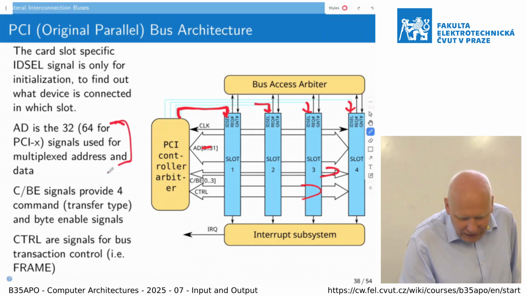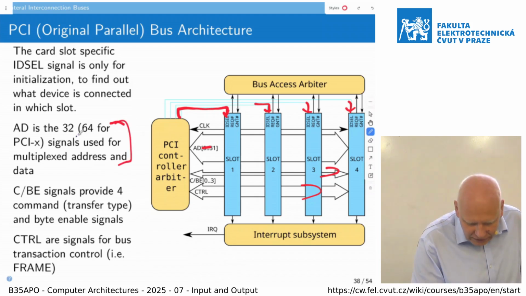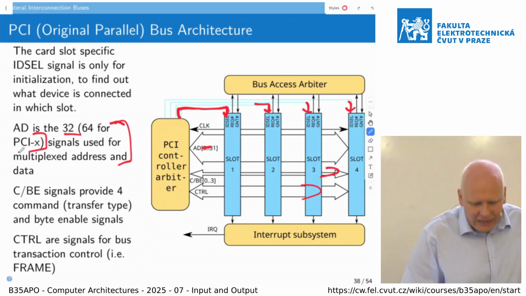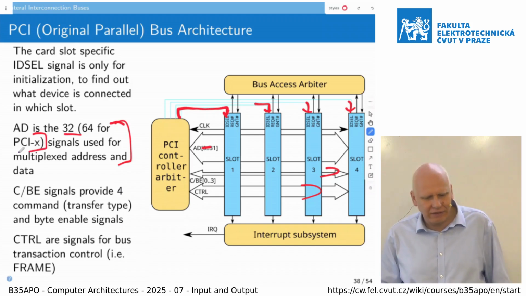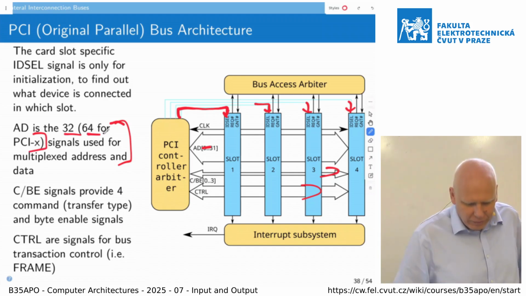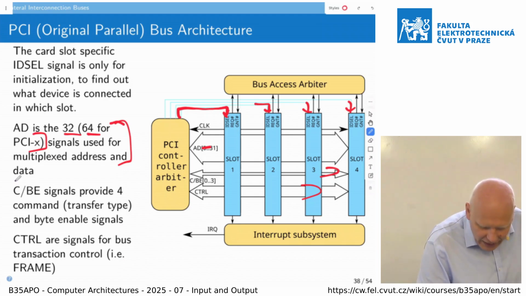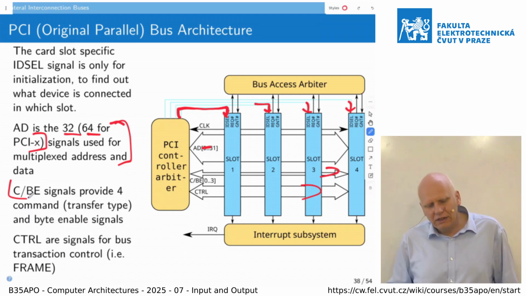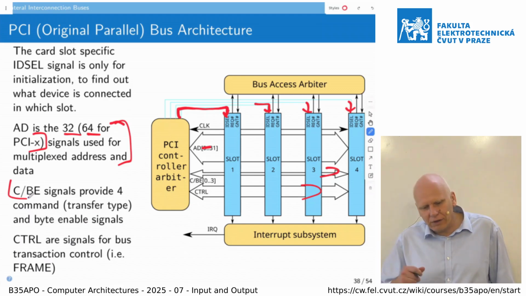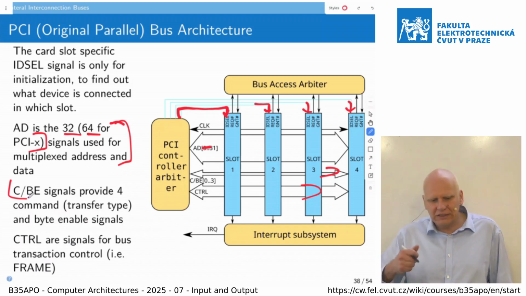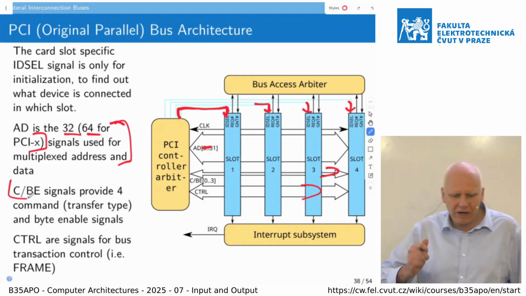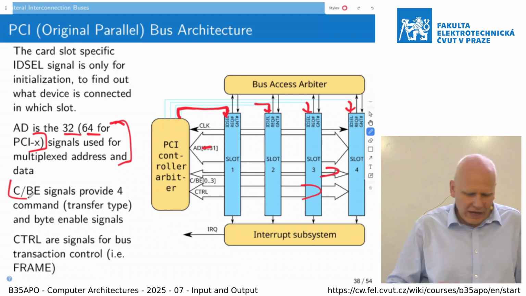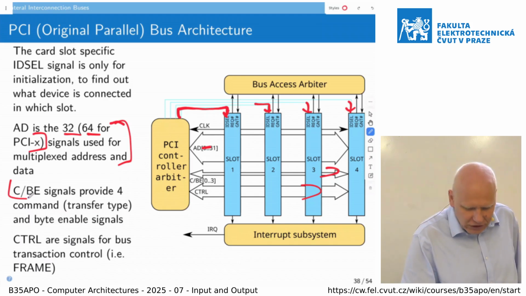Address data bits are 32-bit, and for PCI-X, which is the extended version, it was even 64-bit wide. There are those 4 signals for the 32-bit version, which inform at the start what kind of operation it is: read, memory write, I/O read, I/O write, interrupt acknowledge, and so on.